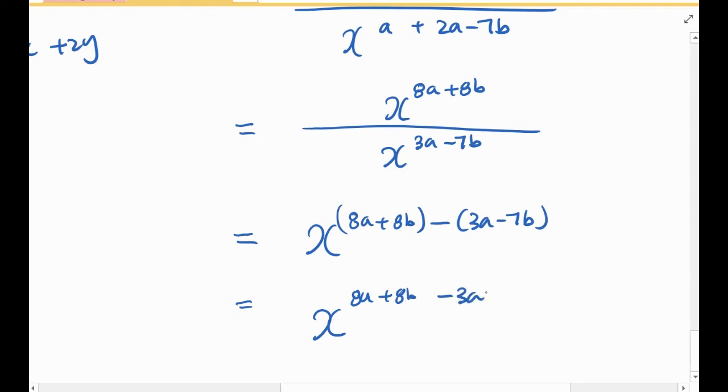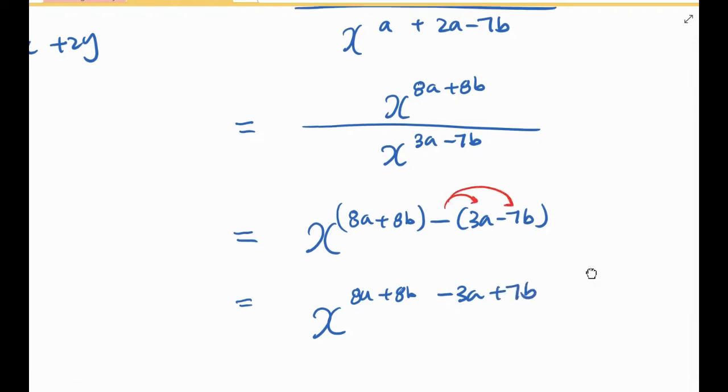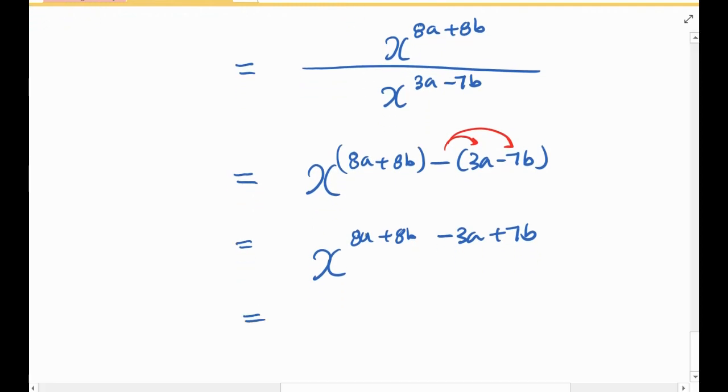Positive 3a becomes negative 3a. Negative 7b becomes positive 7b because of this negative sign, right? Then x to the power of 8a minus 3a is 5a. 8b plus 7b is 15b. So this is the answer.